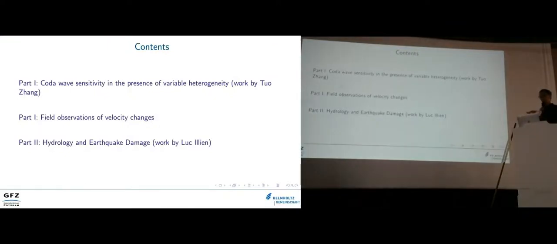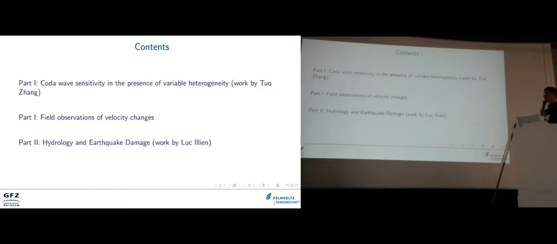In the first part, I will connect a bit to Ludwig's talk, because we had the question of how the sensitivity of our monitoring would depend on this scattering structure that is sensed or that generates the coda. So I will give some insight into that in part one. In the second part, I will go through some field observations, but I will be very quick because we've seen a lot of that during the week already.